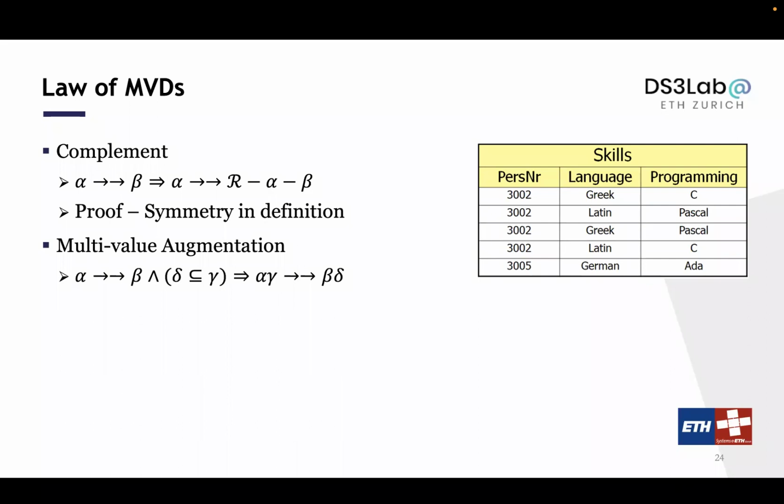Essentially, alpha gamma has a multivalued dependency to beta delta. So you put the superset on the left hand side, which I think makes sense, because we have the trivial functional dependency saying that a superset decides a subset. You put the larger one on the left hand side and the smaller one on the right hand side, and you still have the multivalued dependency. The proof is your homework; it shouldn't be that hard.